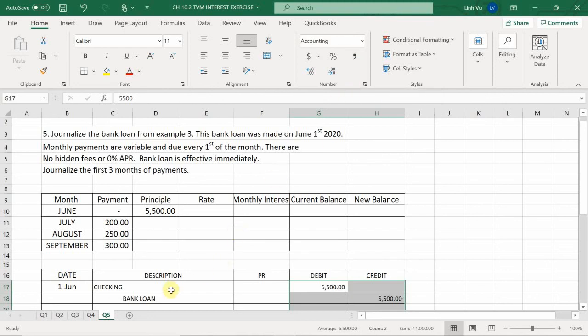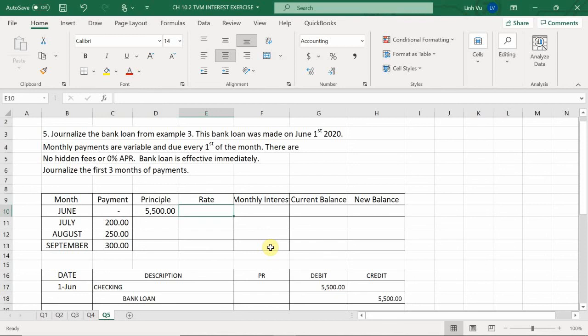So our very beginning of June is that our principal is 5,500, no interest rate just yet. But let's go ahead and figure out what happened. Again, we normally do not get charged interest.